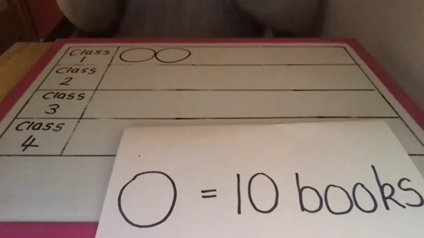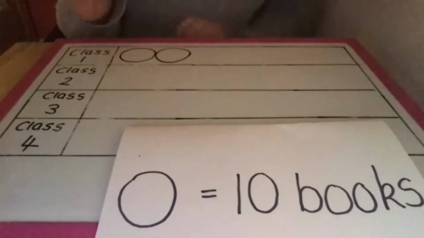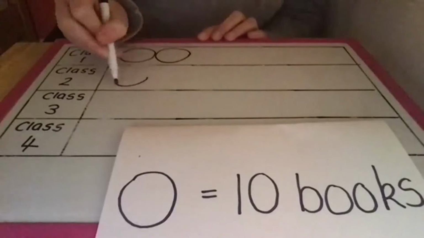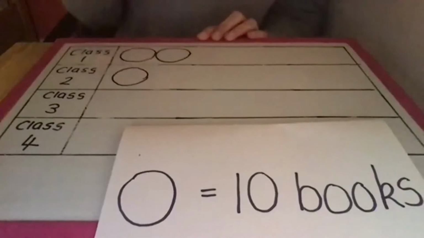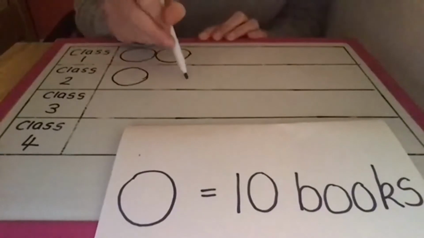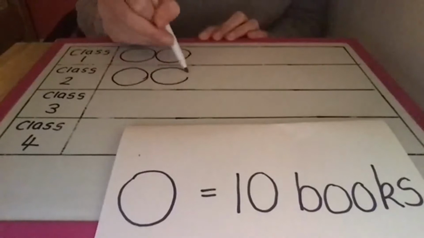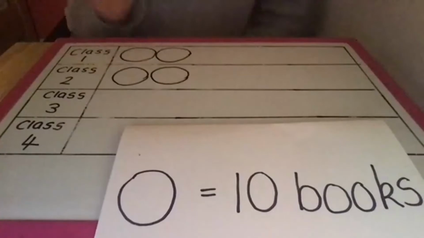Well, let me first of all draw some circles till I get to 20 because I know from last time that 20 is in the 10 times table. So I'm going to draw my first circle, which represents 10, and my second circle that represents 20. Now, what do I need to add to 20 to get to 25?